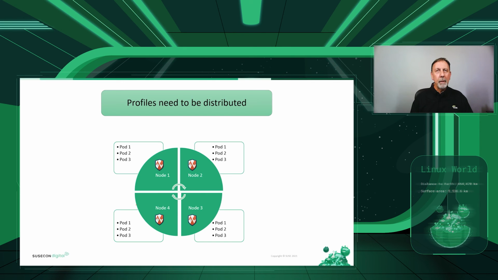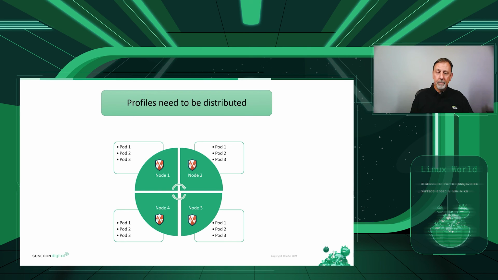But each pod in and of itself becomes its own execution sphere. It's not a server in and of itself, but it is its own execution environment. And so to really get AppArmor to apply to a particular pod, you need to make sure that when that pod is loaded, the appropriate AppArmor profile is loaded with it.